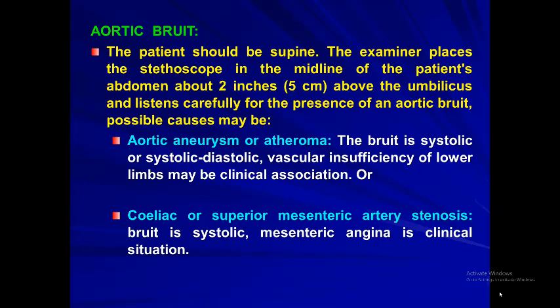In case of aortic aneurysm or atheroma, vascular insufficiency of the lower limb may be the clinical association. In celiac or superior mesenteric artery stenosis, mesenteric angina and abdominal pain may be the clinical situation. This is for auscultation of aortic bruit: the middle line, 5 centimeters above the umbilicus.